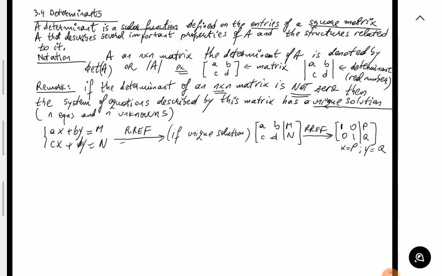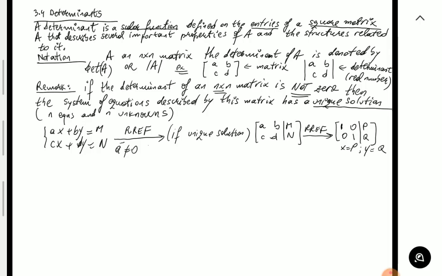So let's actually proceed to the reduced row echelon form to see what happens with the entries of the original matrix A, B, C, D. So how would you come up with the reduced row echelon form? Let's assume, for simplicity, that A is not equal to 0.